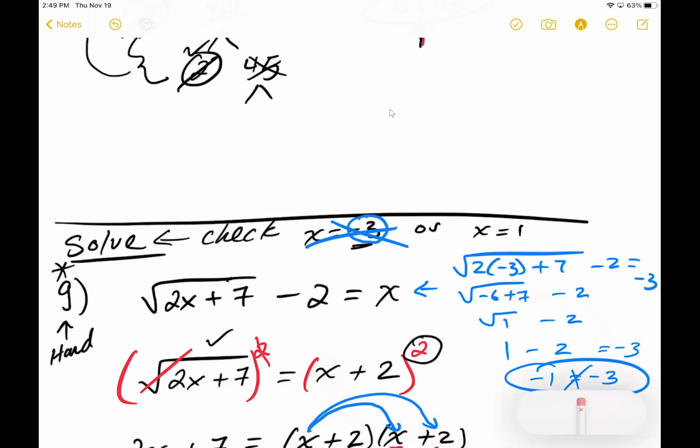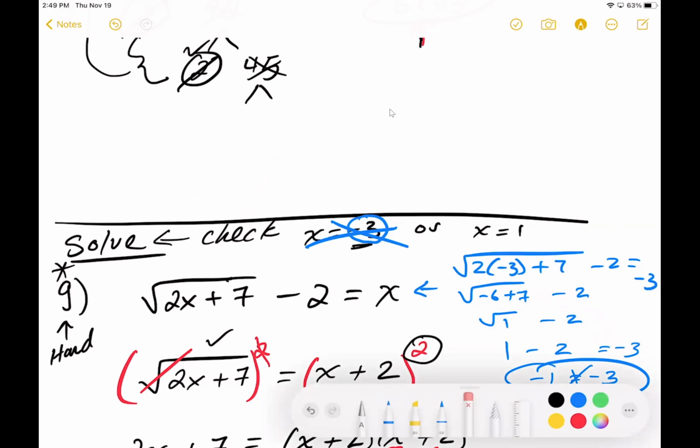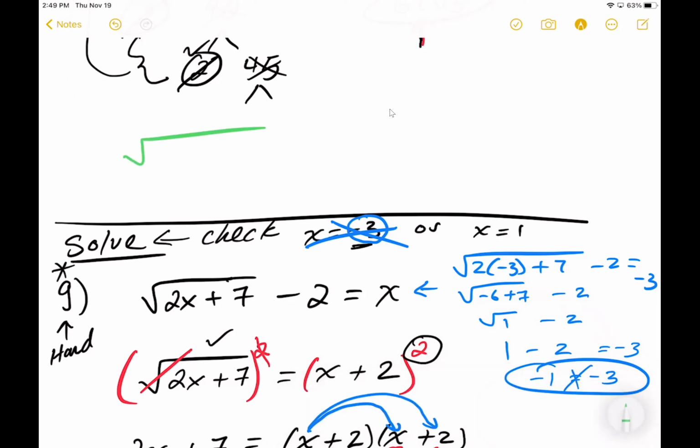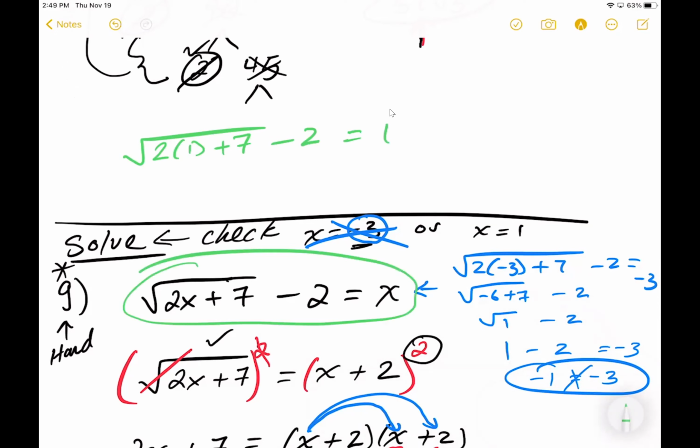Let me use the green. My original problem is the square root of 2 times 1 plus 7, minus 2 equal to 1. All I did was, wherever I see my x, I plug in 1.